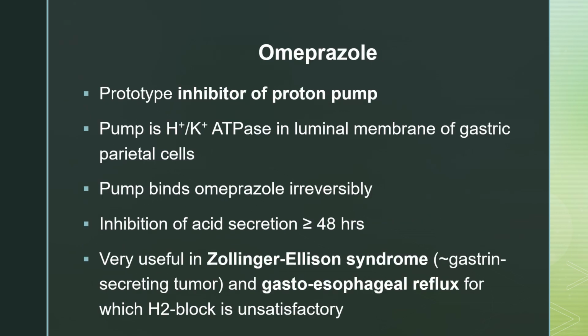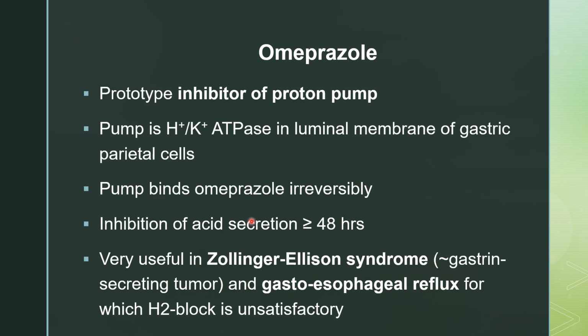Now, for your proton pump inhibitors, an example would be Omeprazole. The pump is the hydrogen-potassium ATPase, which is found in the luminal membrane of the gastric parietal cells. So your Omeprazole irreversibly binds with the pump, and this binding will result in the inhibition of acid secretion.